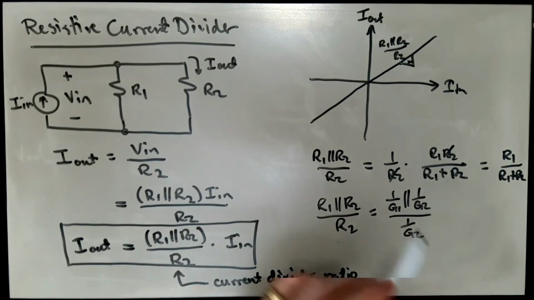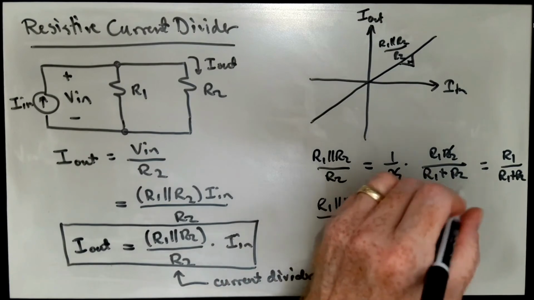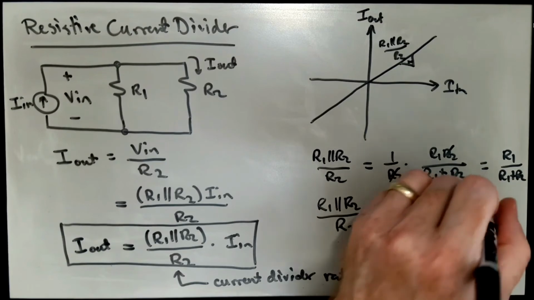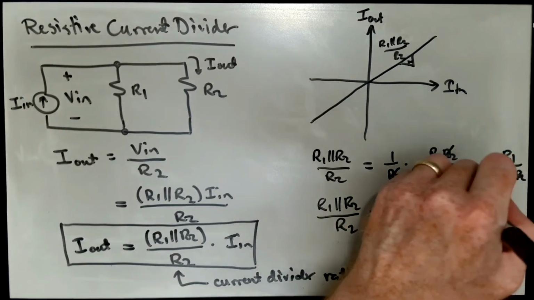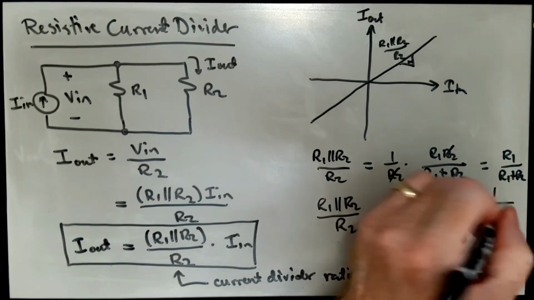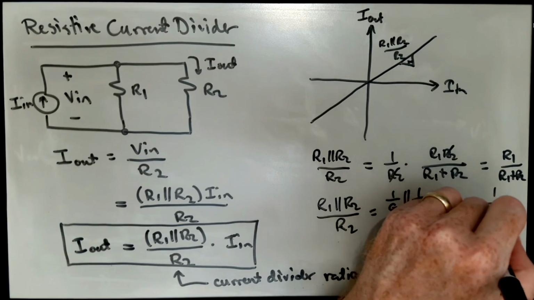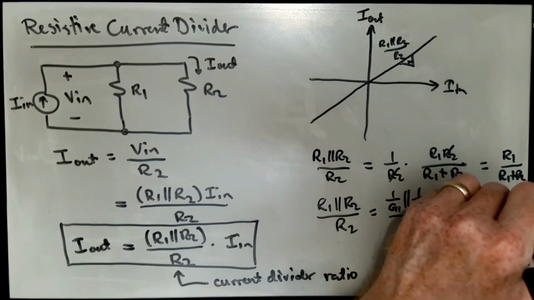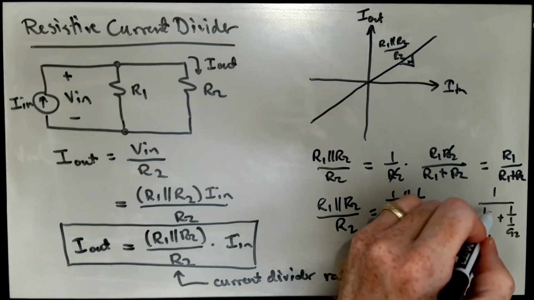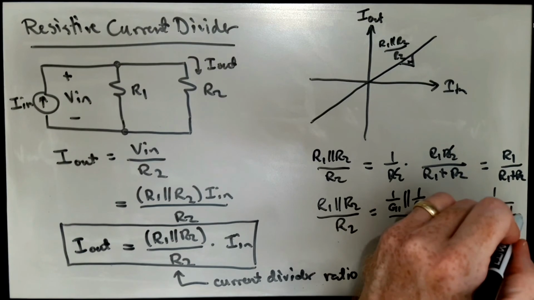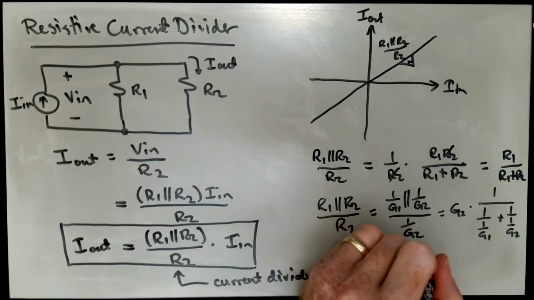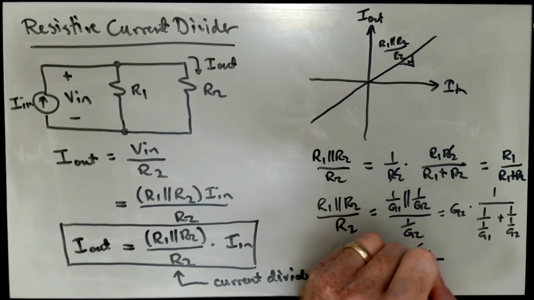The G2 will pop upstairs, so that's G2 times 1 over G1 plus 1 over G2, and the 1 over 1 over G1 and 1 over 1 over G2 just become G1 plus G2. So this is equal to G2 over G1 plus G2.